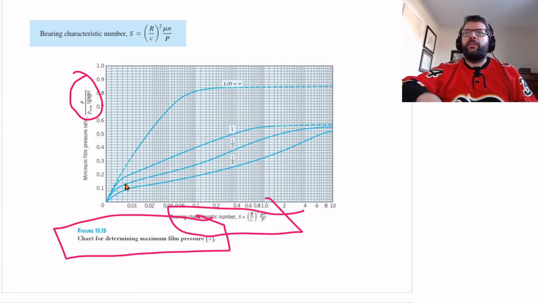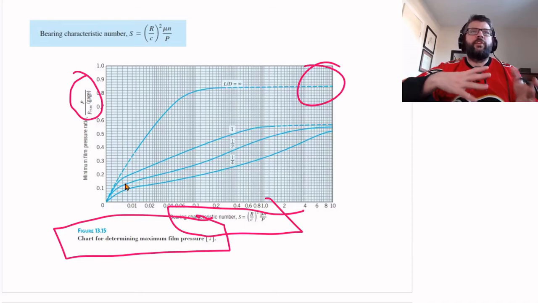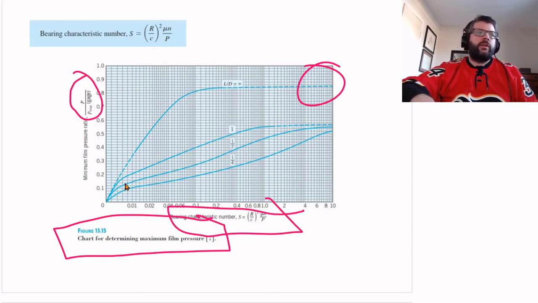If we have a particularly high value here, that's stating that pressure isn't spiking very much. Whereas if we have a particularly low value, that means that when we solve for our Pmax, it'll be relatively high compared to our bearing pressure.